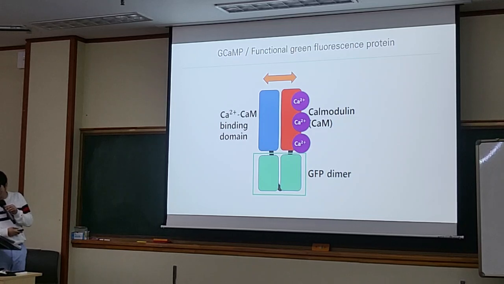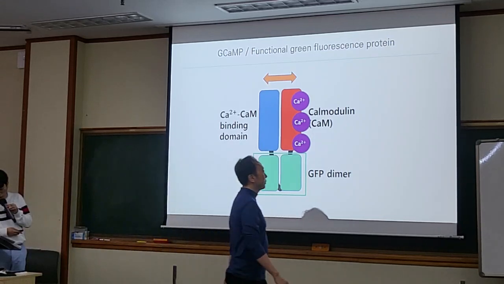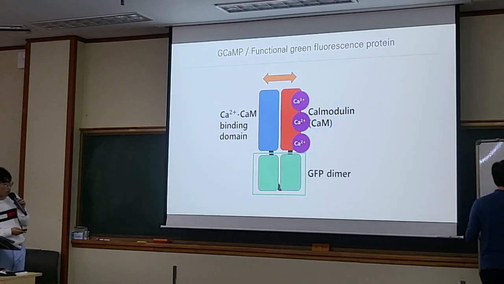So what ends up happening is that your chimeric protein folds like this, with the calcium-calmodulin complex binding to this binding domain, which we took from MLCK. And now the rest of the chimera is here. We have the two halves of green fluorescent protein, GFP.